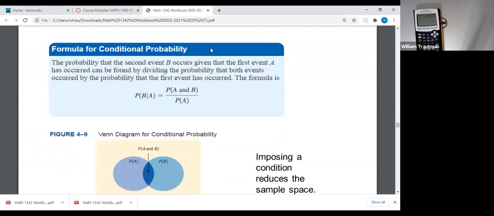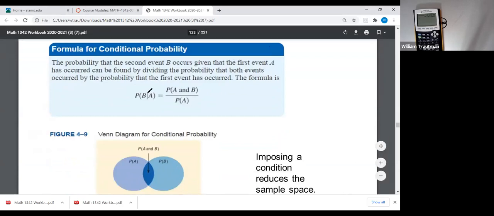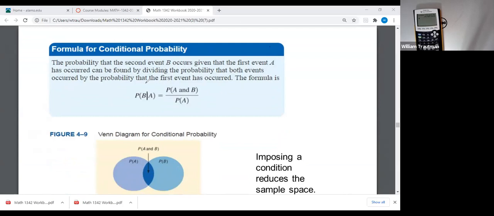Okay, another conditional probability. Once again, conditional probability is this line, given. And once again, the probability that a second event B occurs given that the first has occurred. Do you see? This is the probability of B given A already happened. So this is another formula for this.